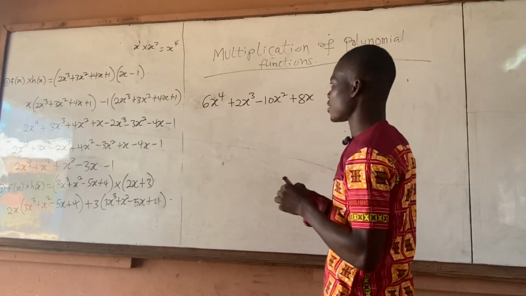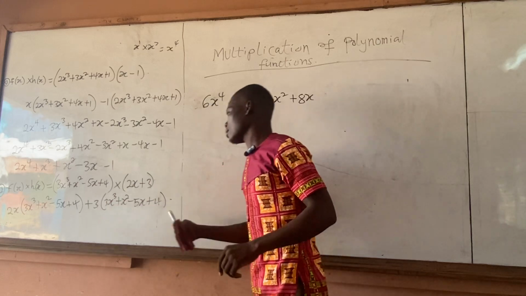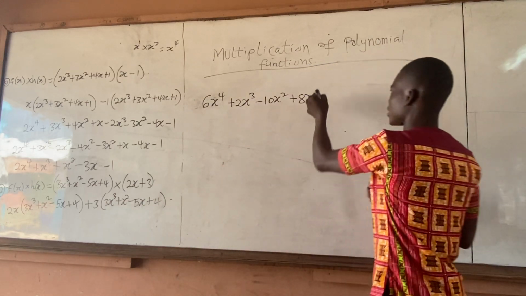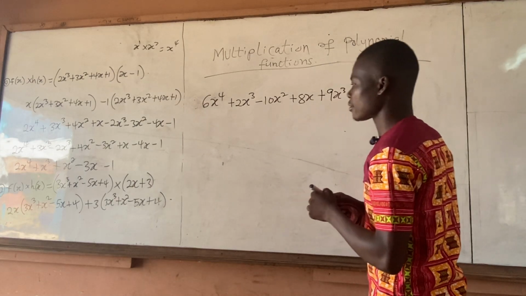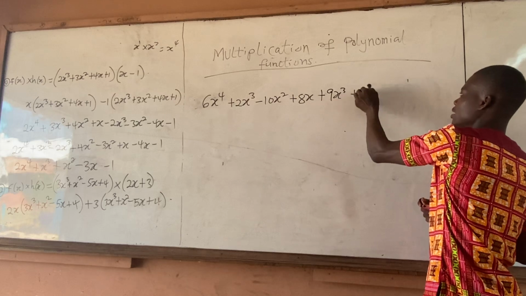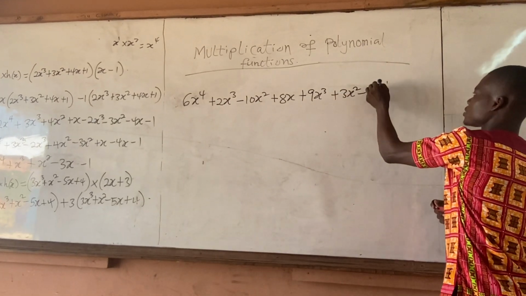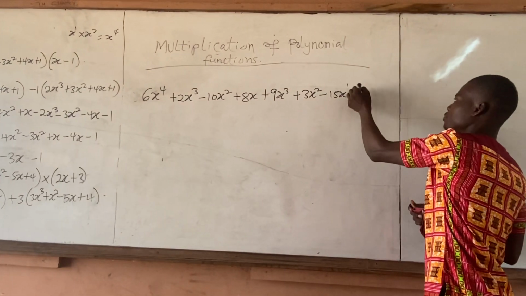So this is the final result for the first expansion. Let's use the 3 to expand. So 3 times 3x cubed, we are going to get 9x cubed. 3 times x squared, we are going to get 3x squared. 3 times minus 5x is minus 15x. 3 times 4 is 12.